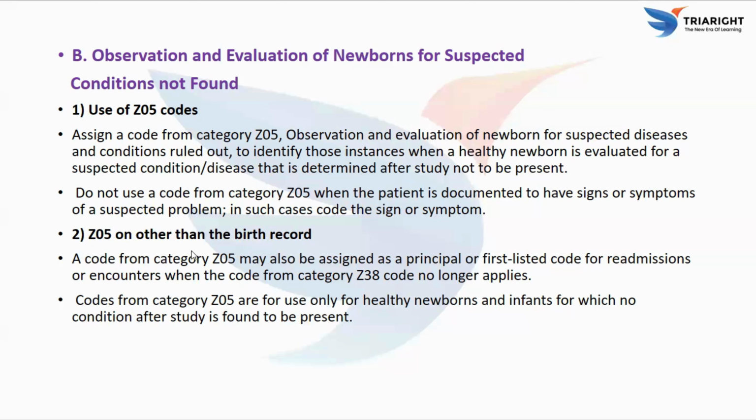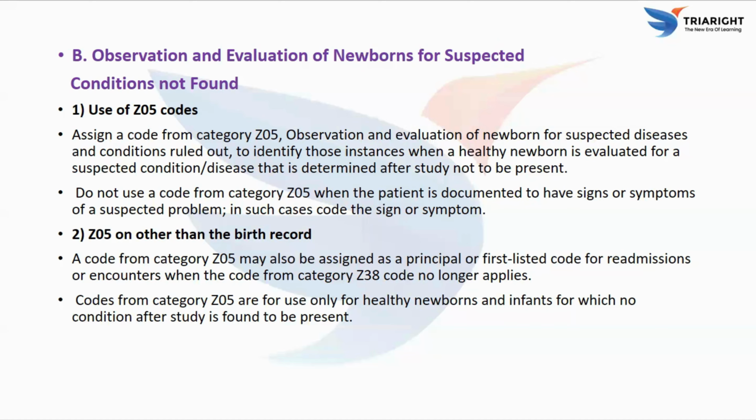And the next guideline is Z05 on other than the birth record. This part explains when you can use Z05 later in the newborn's hospital course. It is used as a principal or first listed code for readmissions and later encounters for newborns, when Z38, the liveborn infant codes, no longer apply.